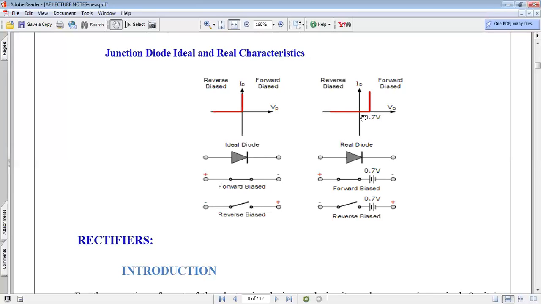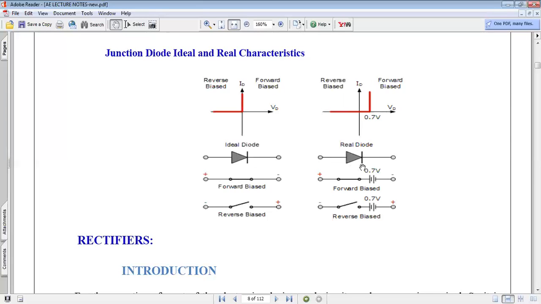But practically, if we consider a practical diode, ideal condition does not exist. It is just a mathematical concept, it is just a theory. Whereas practically what we see is that at 0.7 volt the current flows.